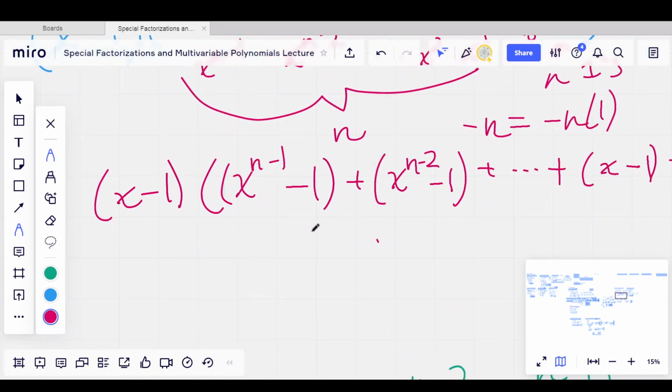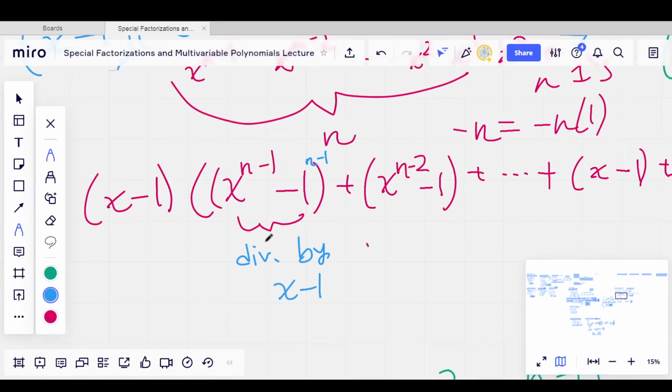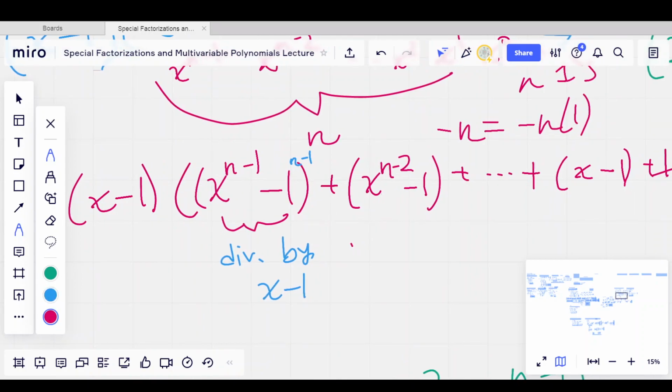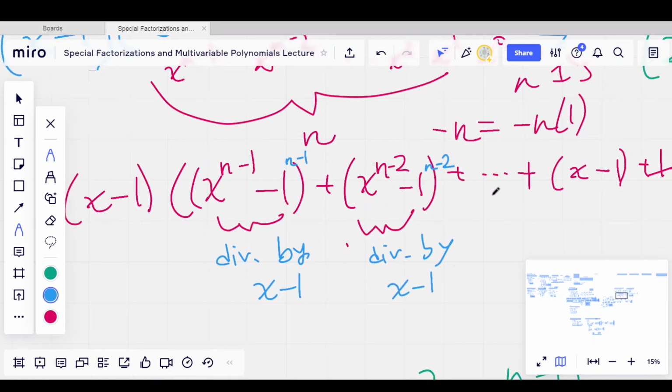So this is divisible by x minus 1 because there's an invisible n minus 1 over here. And then this is also similar, so divisible by x minus 1. And then there's an invisible n minus 2.